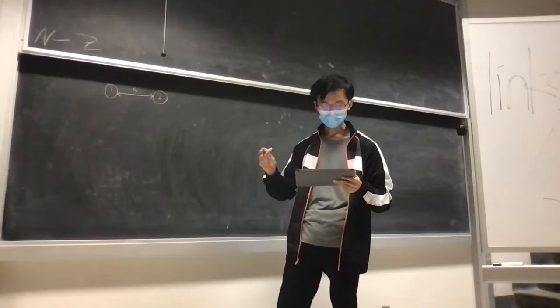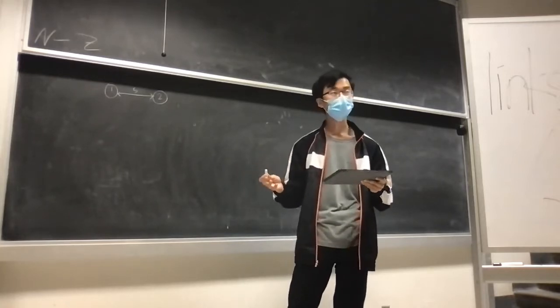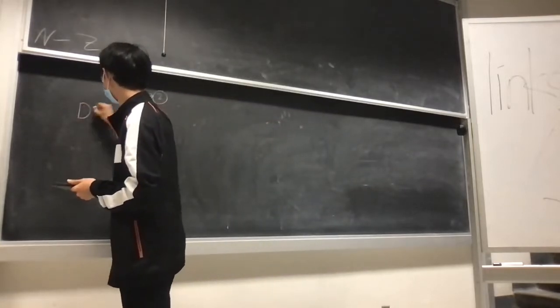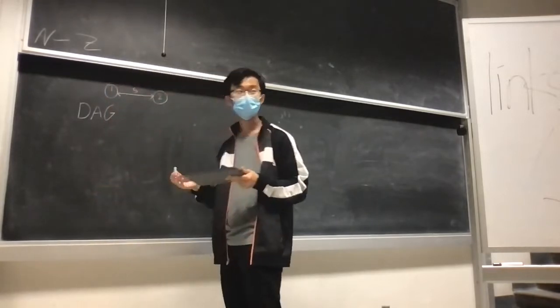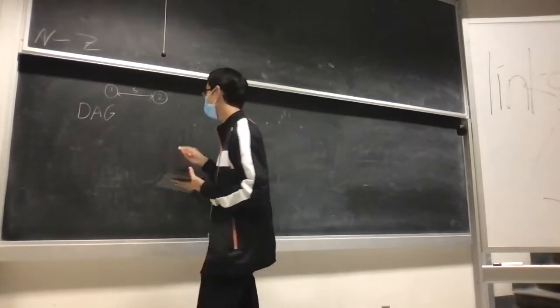And then a special type of directed graph is also known as a directed acyclic graph, also known as a DAG. This is a very important type of graph that pops up a lot. What this means is that it's a directed graph where there are no cycles.